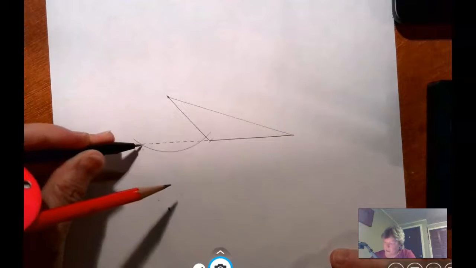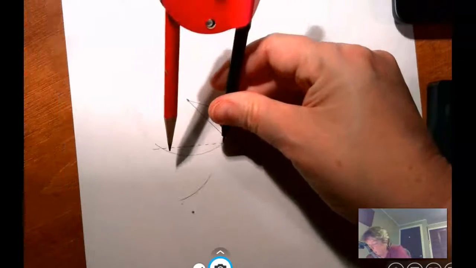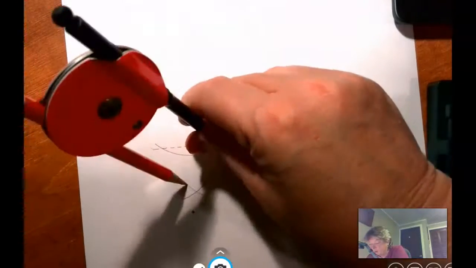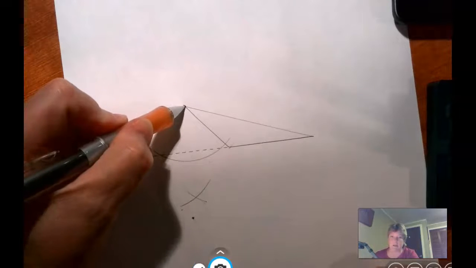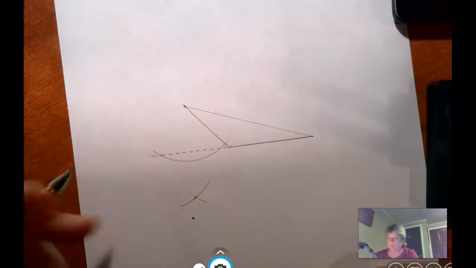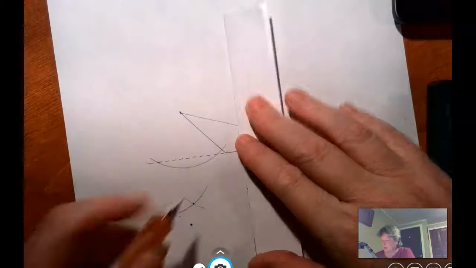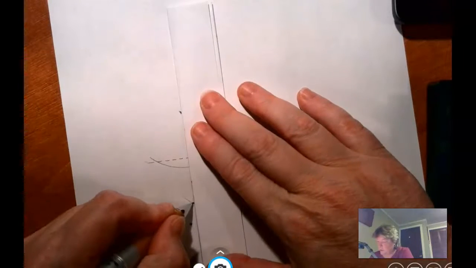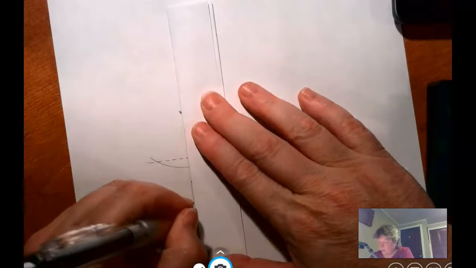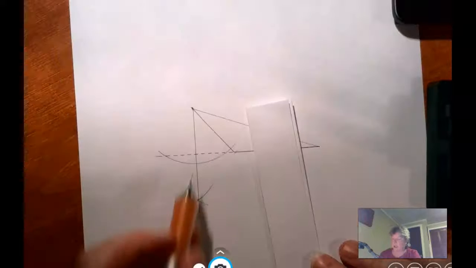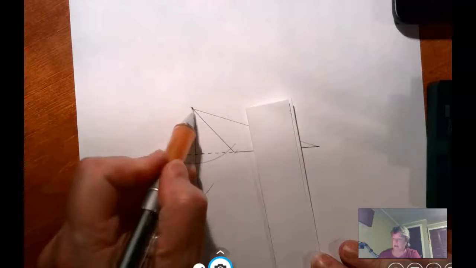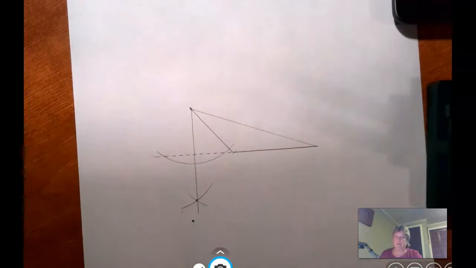Then from each of these points of intersection, I'm going to draw an arc down here. I already have one point. I know that this point is on my altitude, so I just need one more. And so there's my altitude. Again, you can choose which of those constructions you prefer for constructing a perpendicular to a given line through a point not on that line.